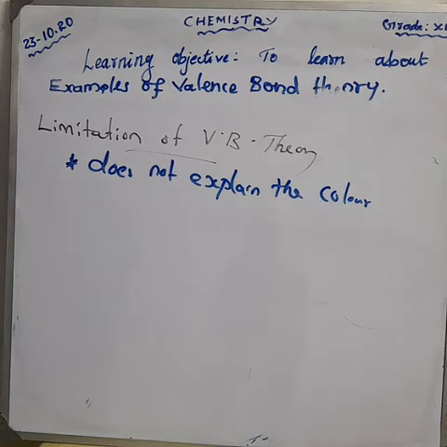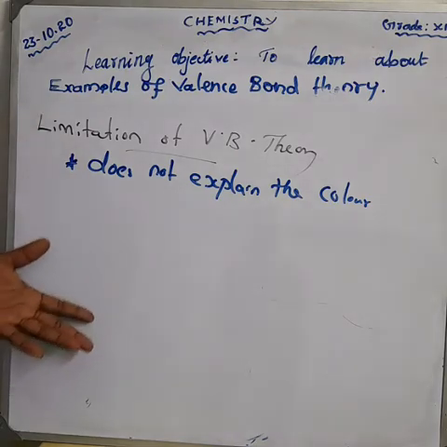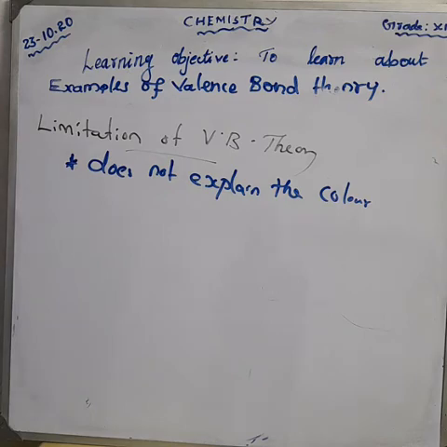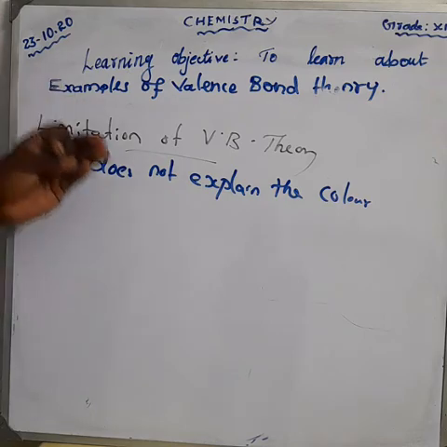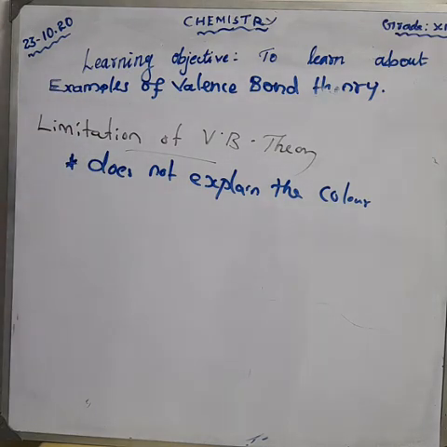What does it explain? It explains the electronic configuration and the nature of the ligand, whether it is a weak field ligand or a strong field ligand. Strong field ligand means the d subshell electrons are paired; weak field ligand means there is no pairing in the 3d electrons.